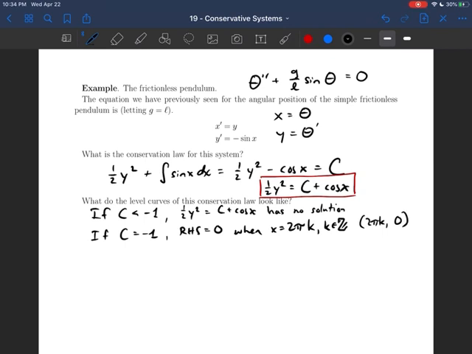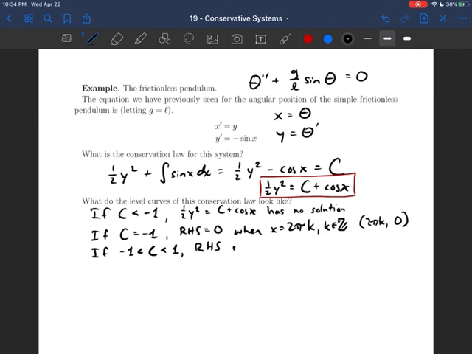Yeah, cosine of x will be 1 only when x is equal to some multiple of 2 pi. So in this case the so-called level curves are just points, x equals 2 pi k, and y is 0, because 1/2 y squared is equal to the right-hand side, which is 0, so y equals 0. So that's one set of level curves that we could have.